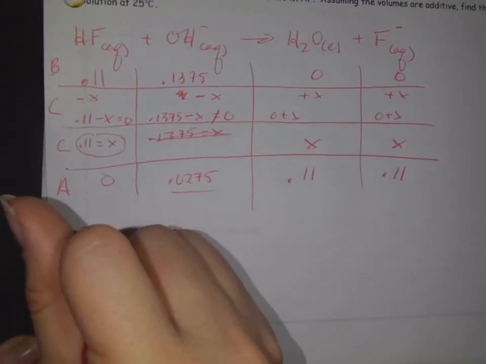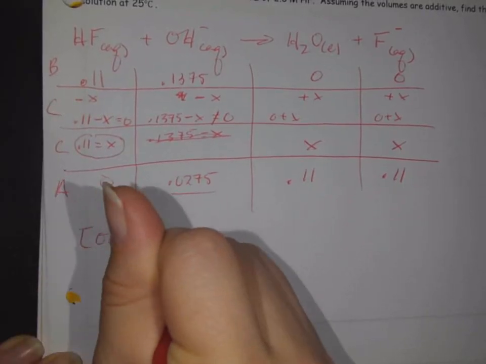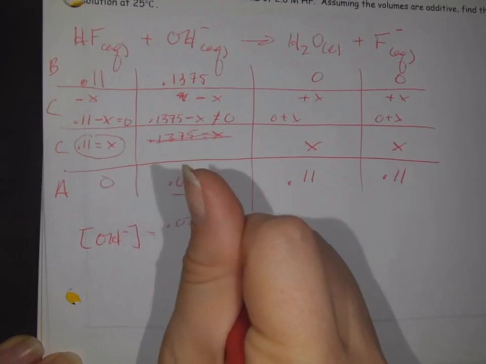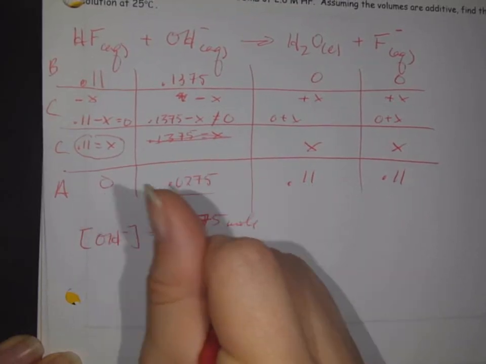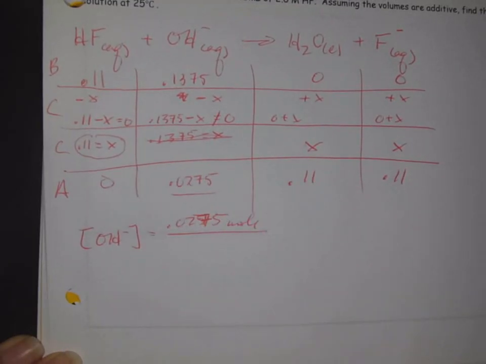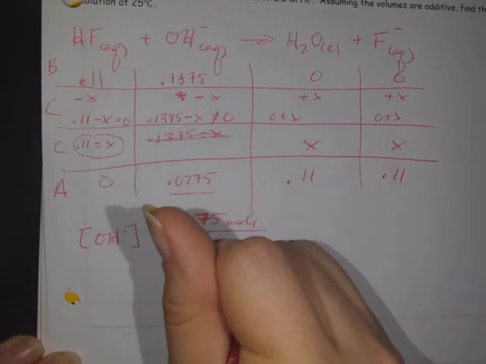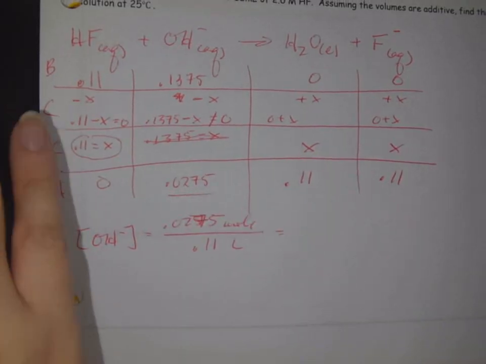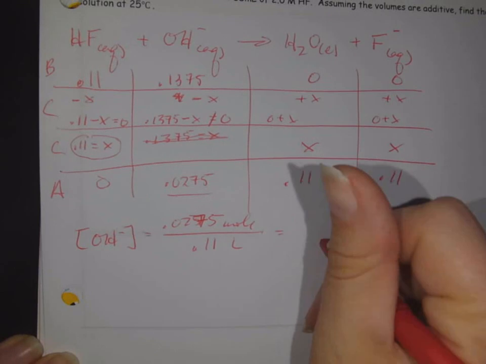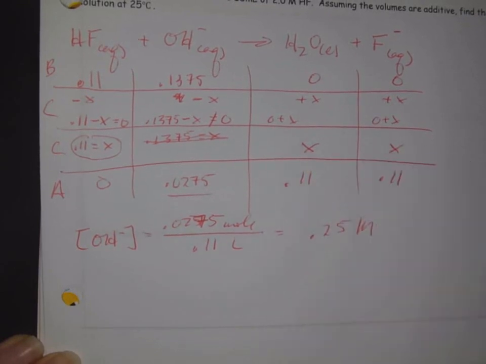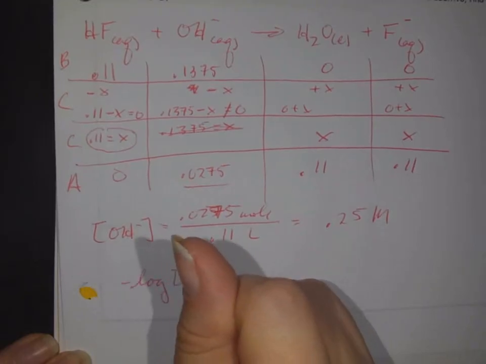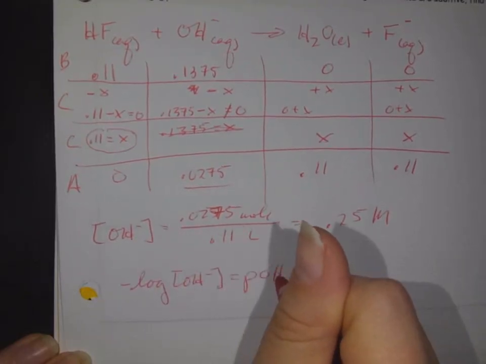So concentration of hydroxide is equal to the moles of hydroxide, 0.0275 moles, divided by the total volume. So 0.055 plus 0.055. So we have that many liters. This is 0.25 molarity. And then if I do the negative log of this hydroxide concentration, that's going to equal pOH.